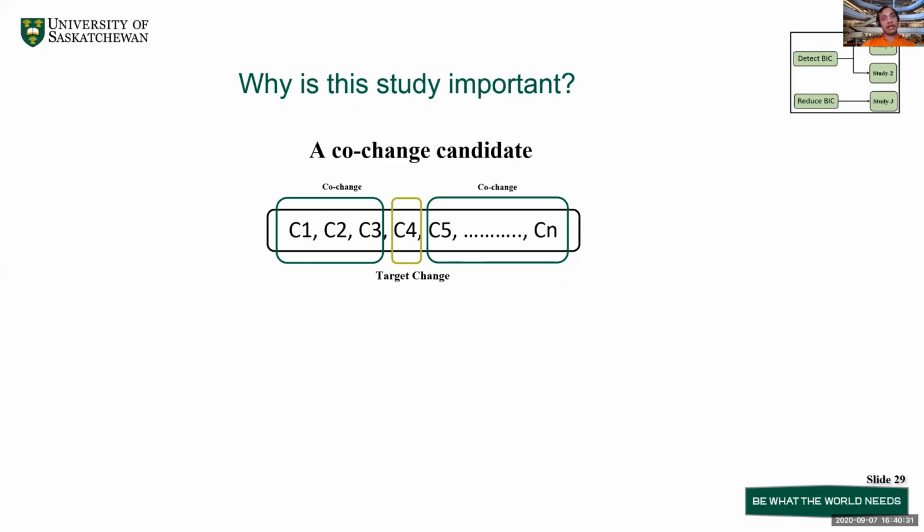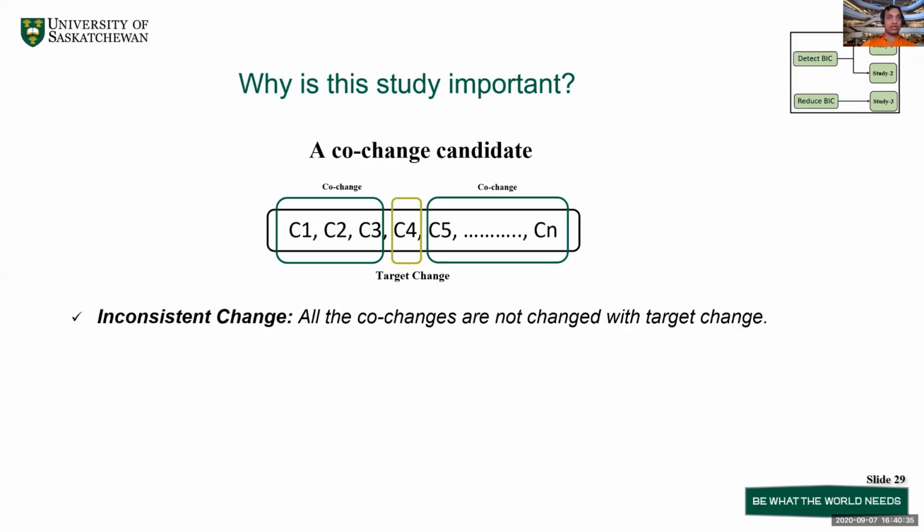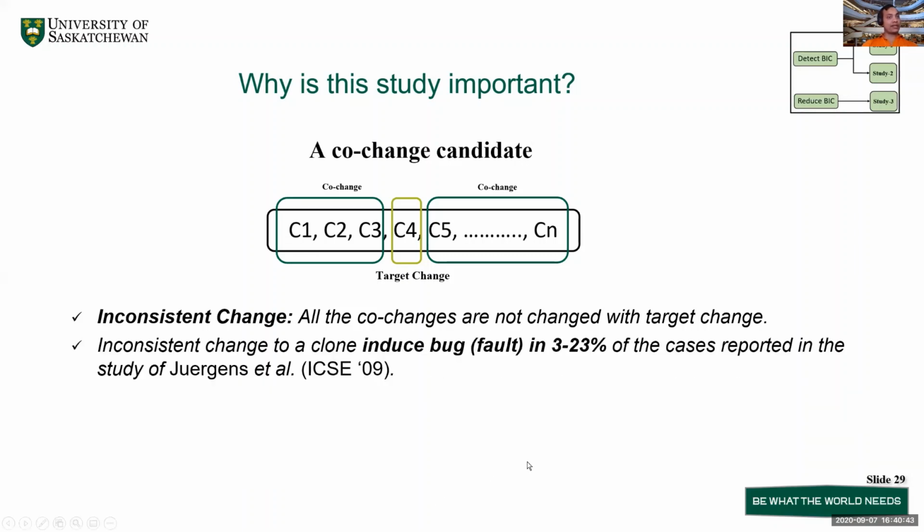And if the other co-changes are not changed along with the target change, this is called an inconsistent change. Earlier studies show that inconsistent changes induce bugs or faults in the software system, and in their investigation they found that in 3 to 23% of cases it induces faults.